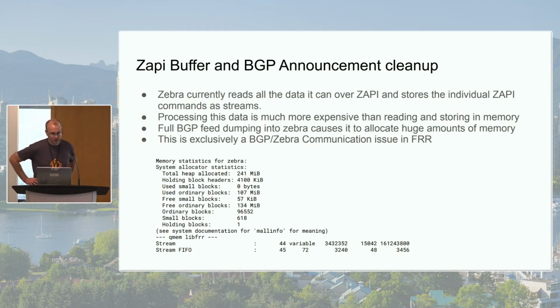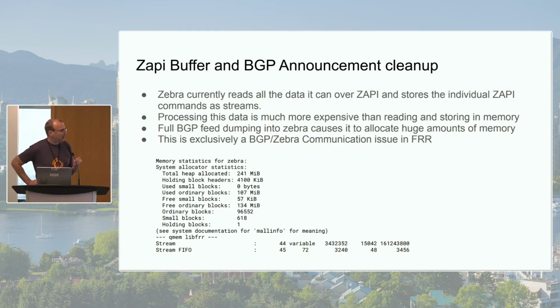All right, so FRR has this idea of ZAPI, which is the ability for daemons like BGP or OSPF to send route announcements to Zebra so it can install them into the kernel. What we're currently doing is that Zebra tries to read as much data as it possibly can, and it saves that in a stream data, and when it can process it, it comes back around and processes it.